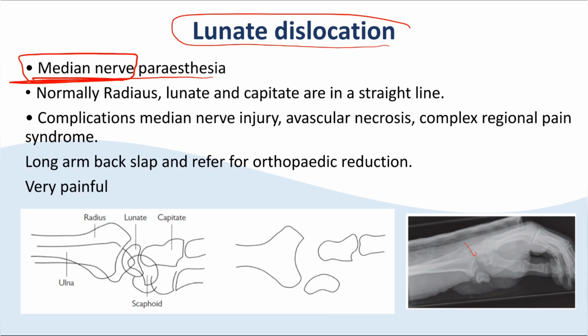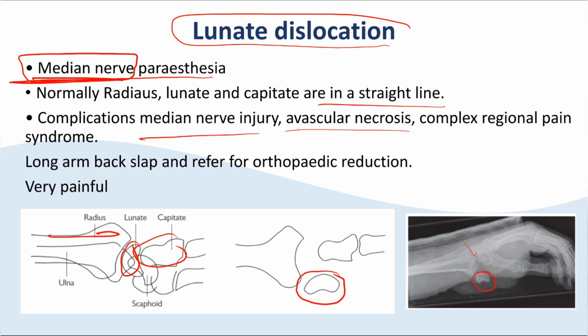Normally, the radius, the lunate, and the scaphoid are in a straight line. If there is displacement, you will lose that integrity. Especially on lateral view, you can see that the lunate is dislocated. As we said, the complication is median nerve injury.